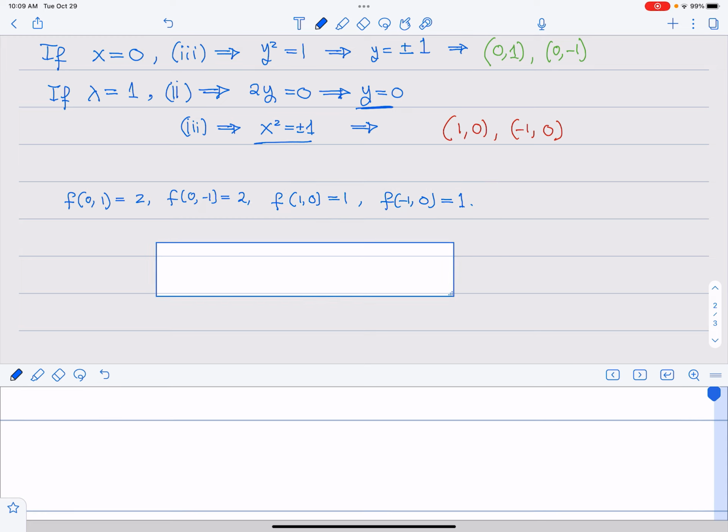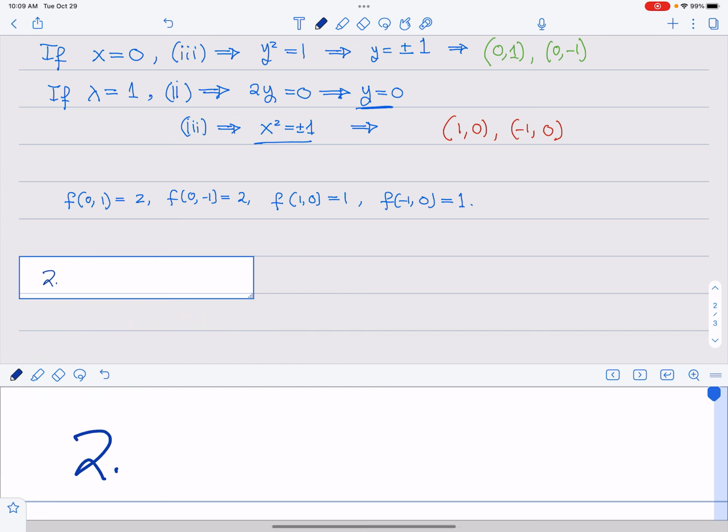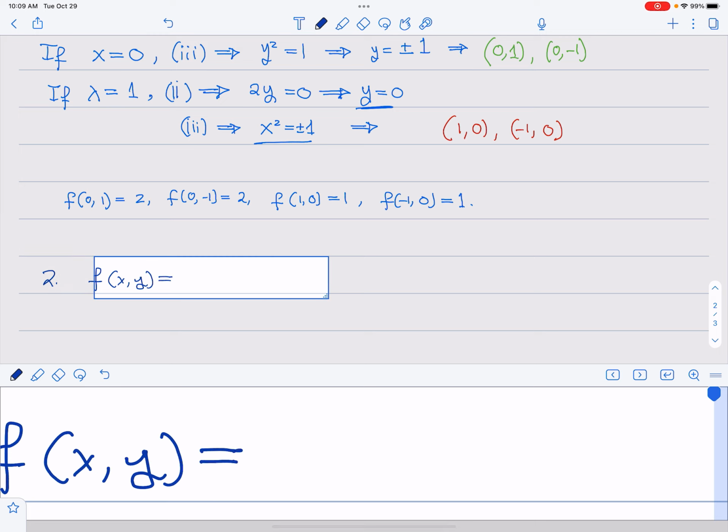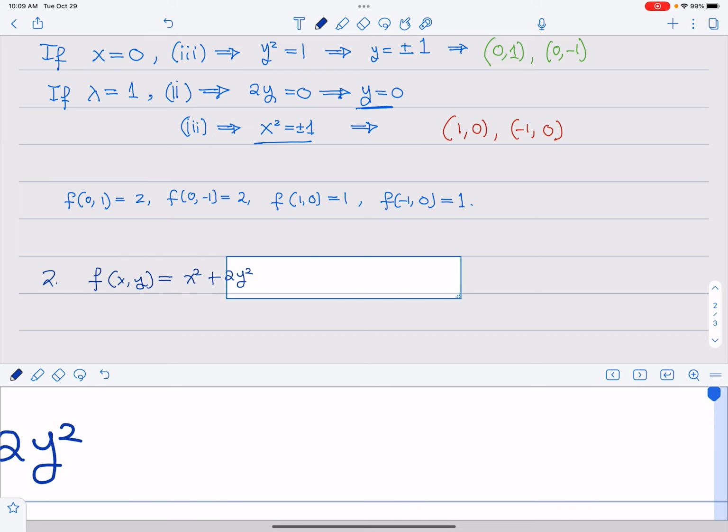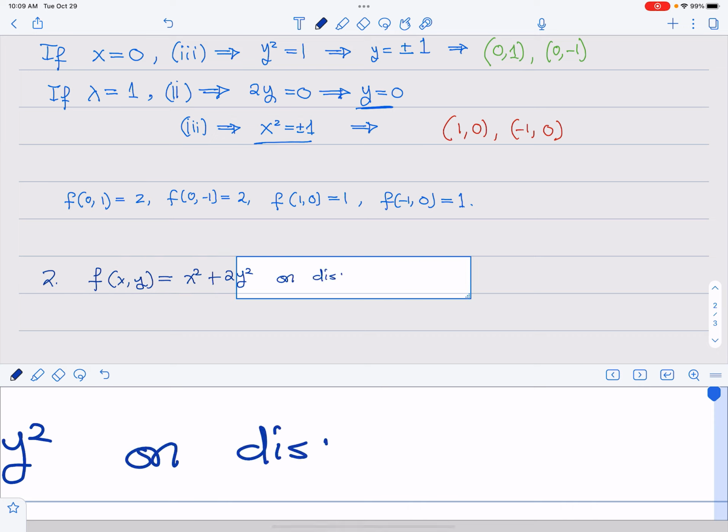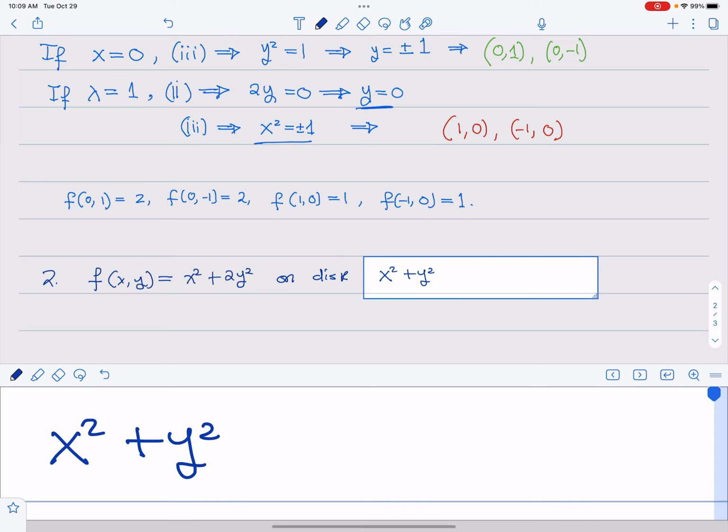All right, let's modify this problem a little bit. Let's assume we still have the same function, but now our constraint is the disk. On the disk, x squared plus y squared is less than or equal to 1.